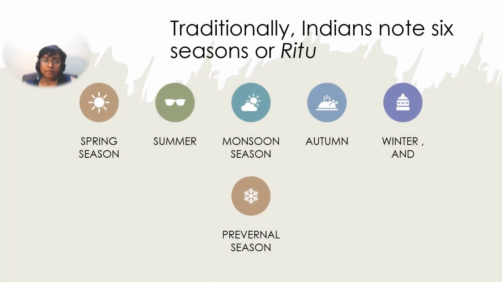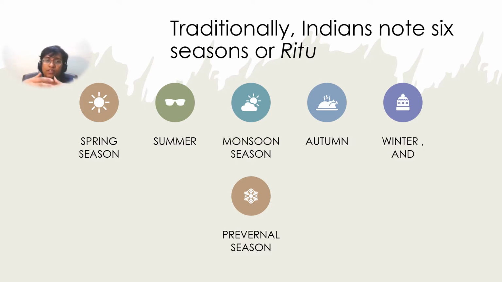In India, traditionally Indians noted six seasons. They call these Rutu. These are based on the astronomical calculations of the 12 months. These 12 months are divided into 6 parts. The ancient Hindu calendar reflects these seasons.